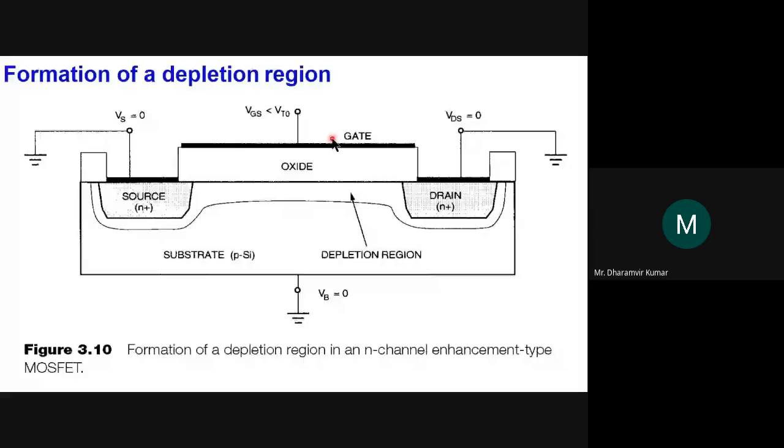Now when this becomes a part of the complete MOSFET device, the situation is like this. We have a source region here and a drain region here. Let's say this is the source terminal, this is the drain terminal, and this is the gate terminal. The condition for depletion region is that for the case of an NMOSFET, we should apply a small positive voltage.